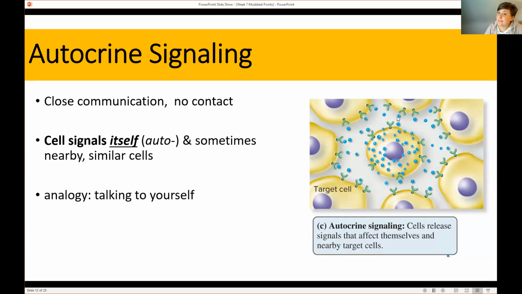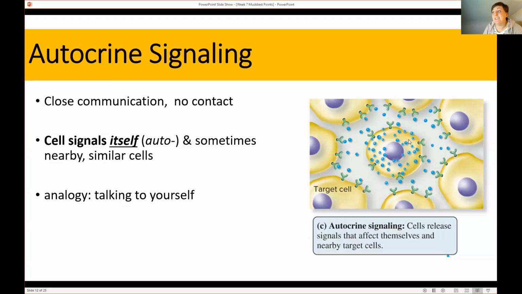However, autocrine signaling can also happen where this cell is producing a message and not only is it hearing the message itself, but nearby cells are hearing that message as well. These cells are in close proximity. Another thing to note is that these cells are the same. They're all yellow with purple nuclei.